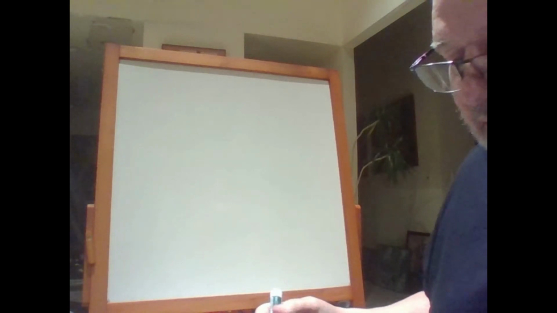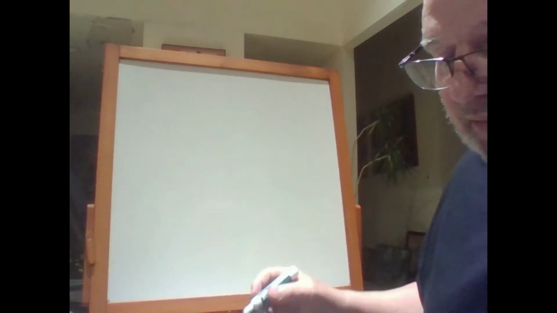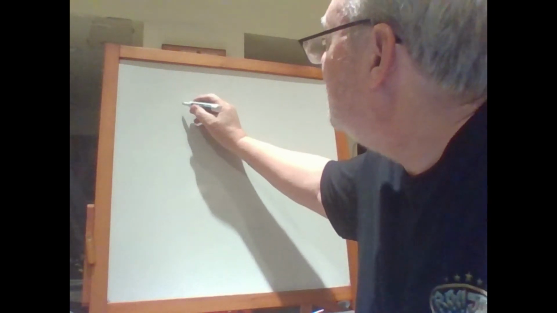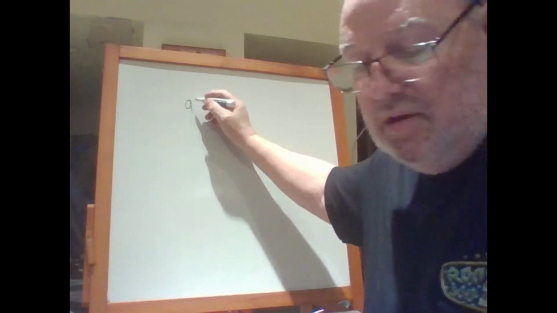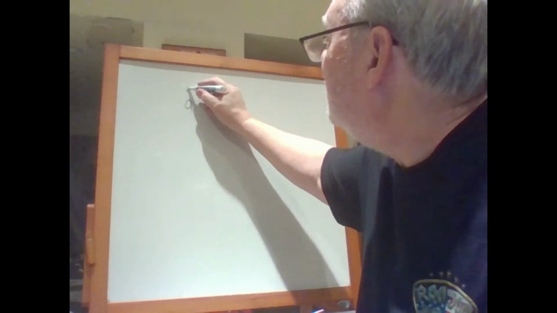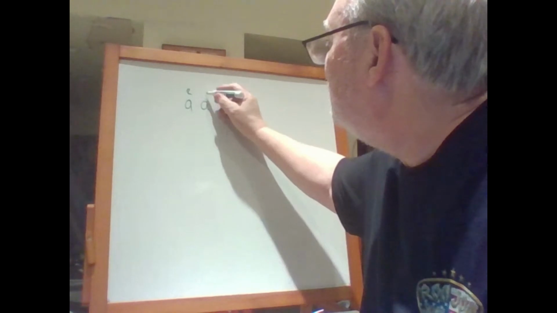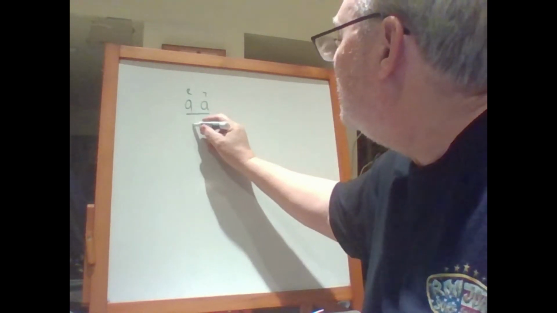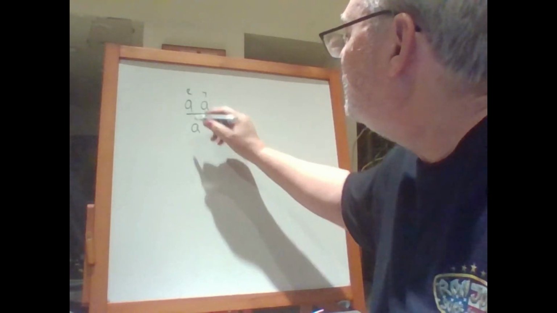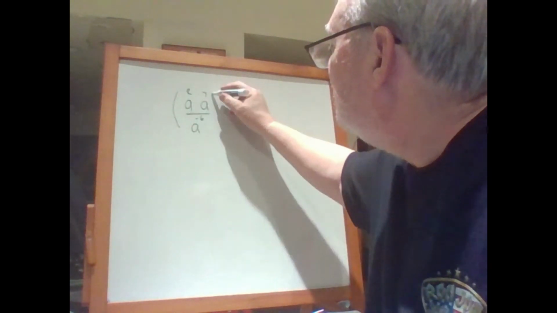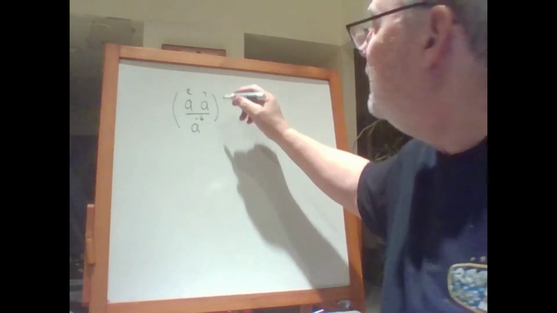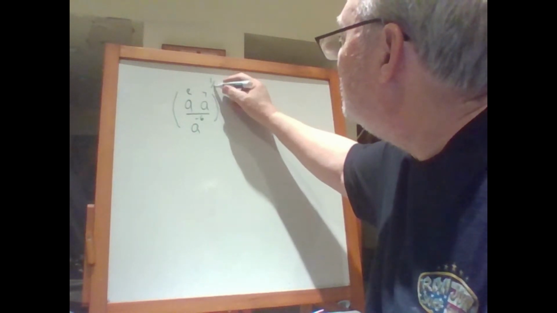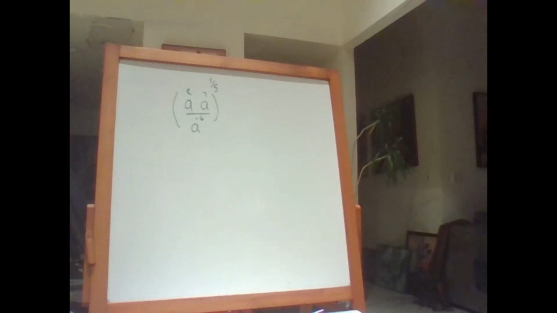Now, let's say we start with a problem such as this: a squared times a to the 7th over a to the minus 6, all raised to the 1/5 power.